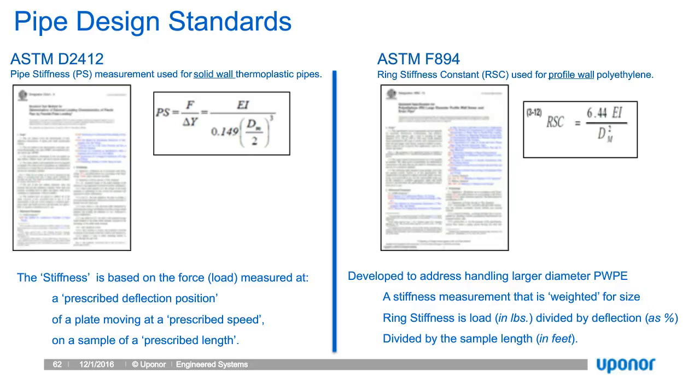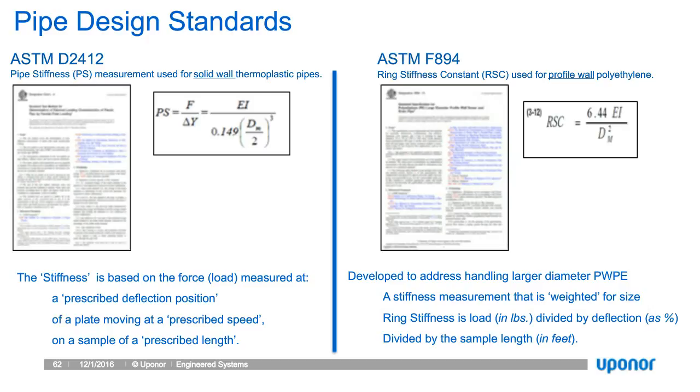They are different. So solid wall pipe refers to a pipe stiffness, which is described as a prescribed deflection position at a prescribed speed on a prescribed sample length. And then we have ring stiffness constant, which is really weighted for size. And the ring stiffness constant is deflection divided as a percent based on the sample length in feet.